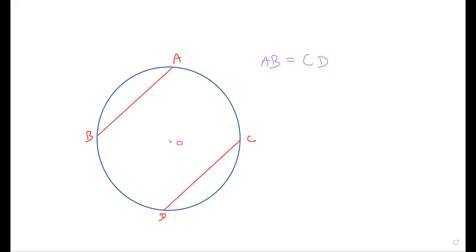O to AB is definitely perpendicular, and O to CD as well. If I call the foot on AB as M, and here I call it N, remember that OM will be equal to ON.